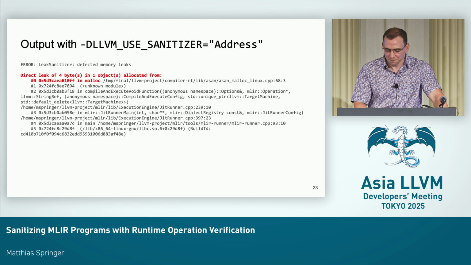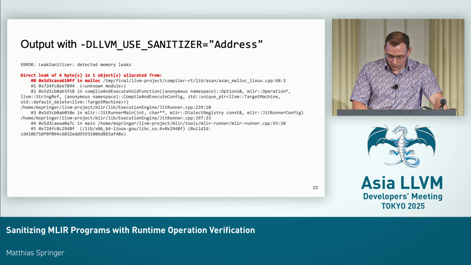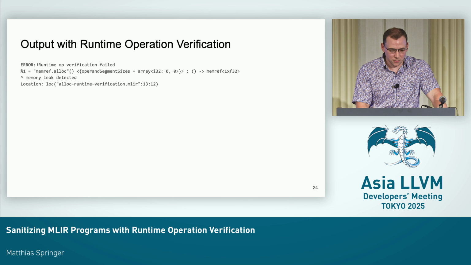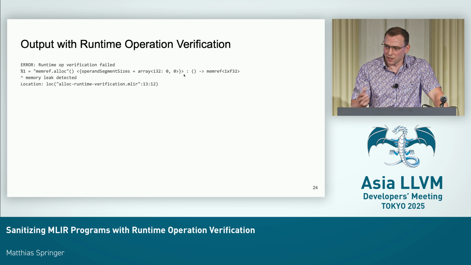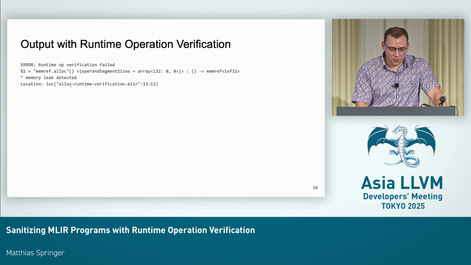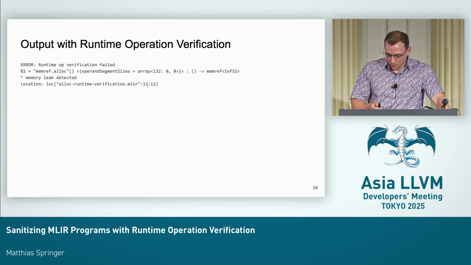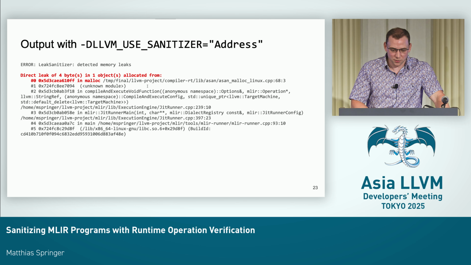There's no information here. With the runtime verification implementation, the error message looks as follows. You see again the memref.alloc that was allocated but not deallocated, and it will give you a line number. So you will see, okay, in line 13, that's where the alloc was that leaked. This is a bit more useful than this cryptic error message.